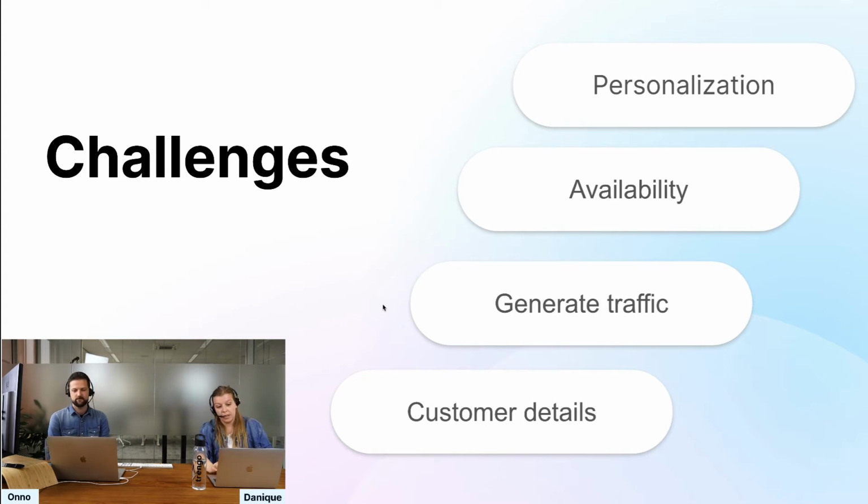Next up is generating traffic. The website widget on your website already helps you get more people to interact with you, but there are also a few tools you can use to generate extra traffic. Last is customer details. When you're talking to a customer, it's nice, and a must, to know who they are, what their email address is, and stuff like that.